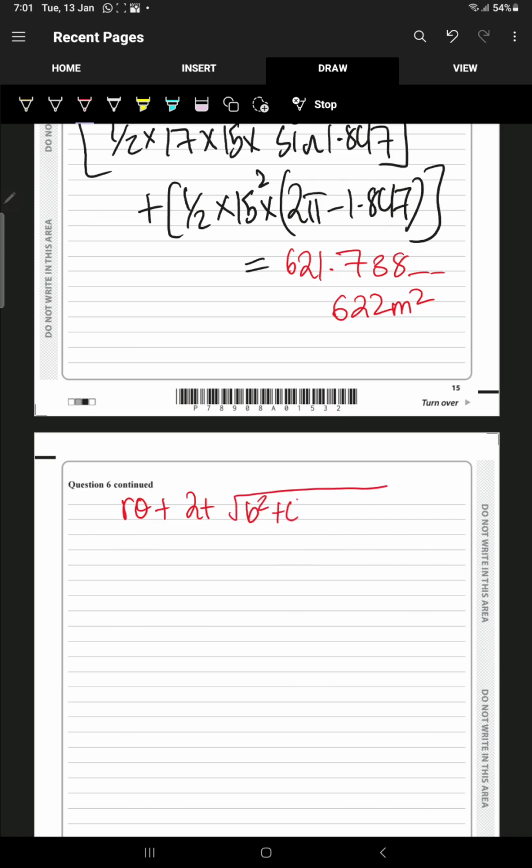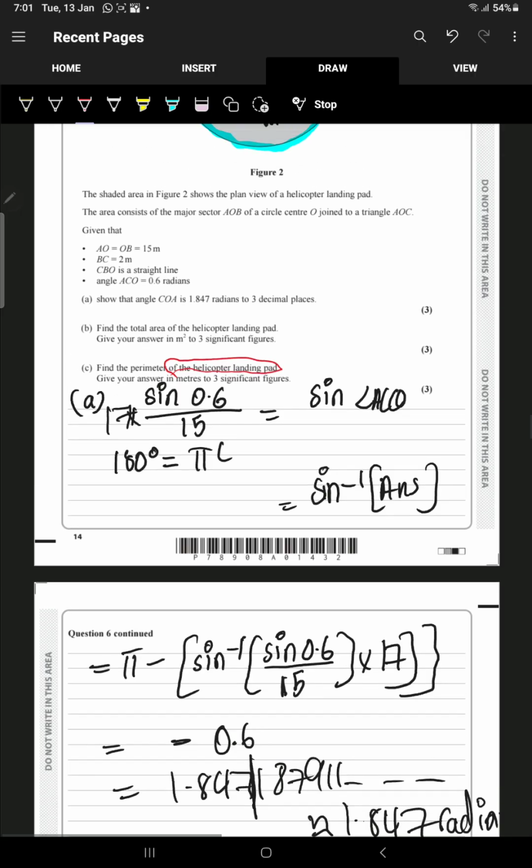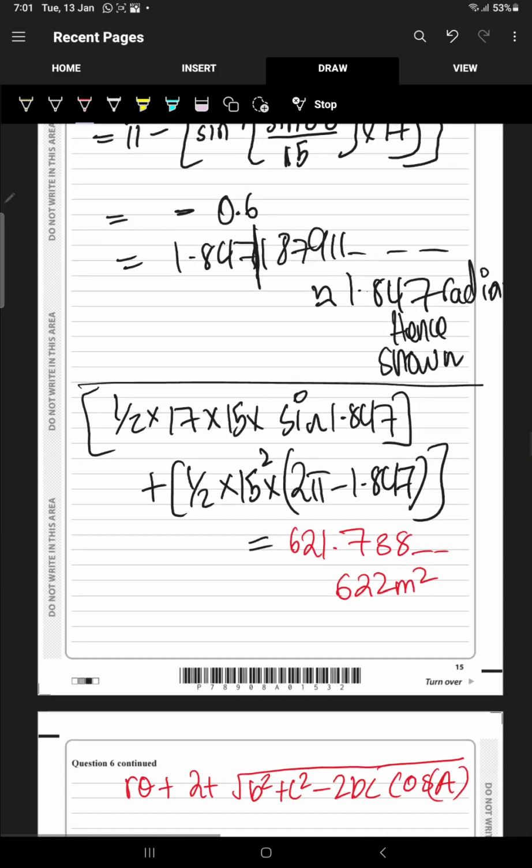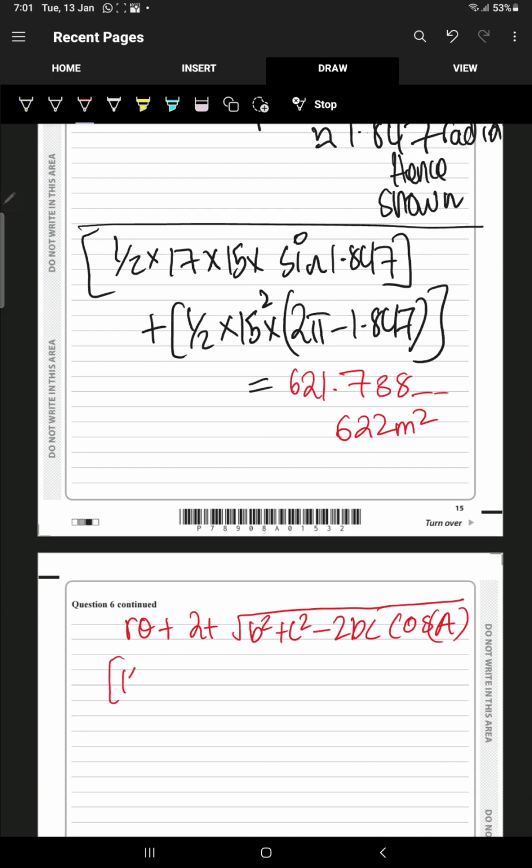Now if we substitute all those values, we have 15 times the angle, which is 2 pi minus 1.847, plus 2. And we have b squared.